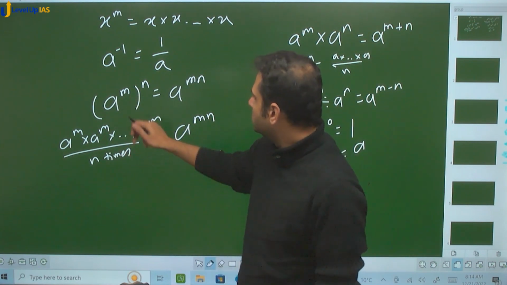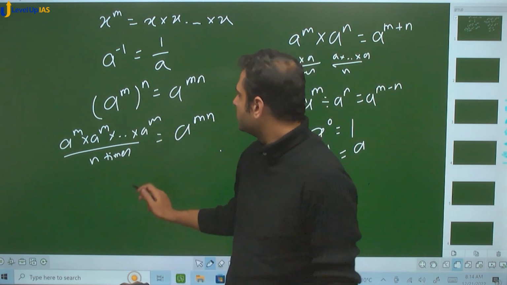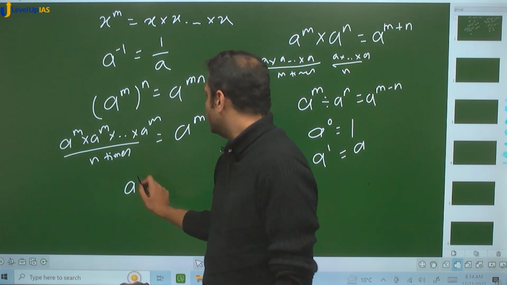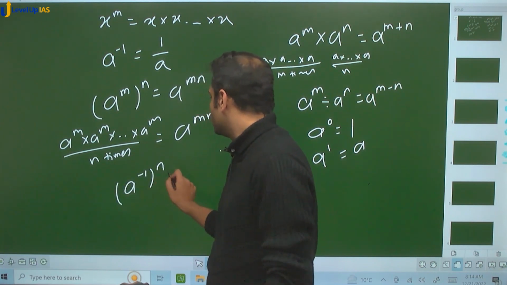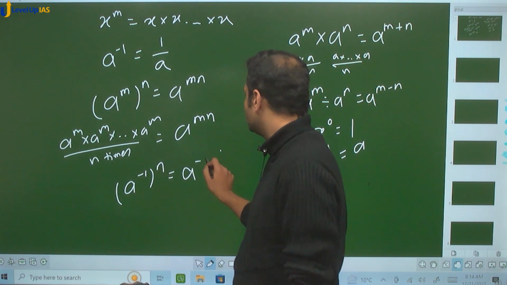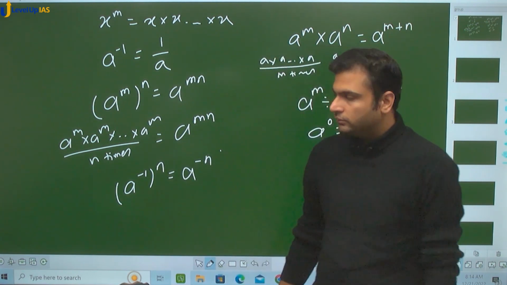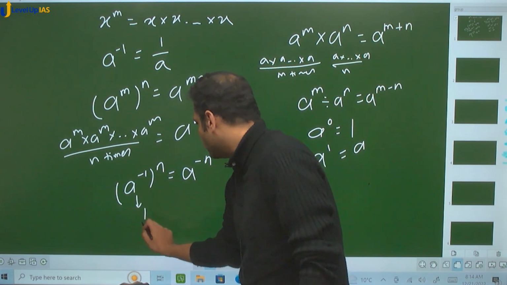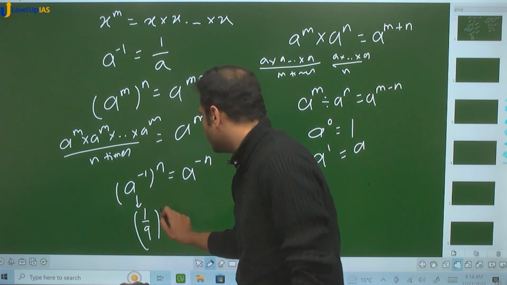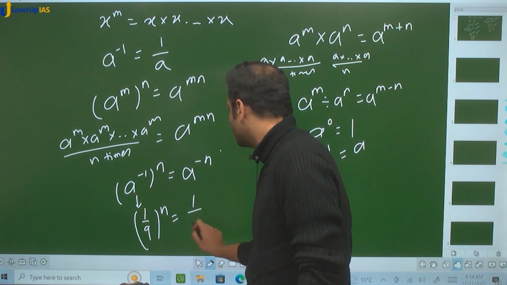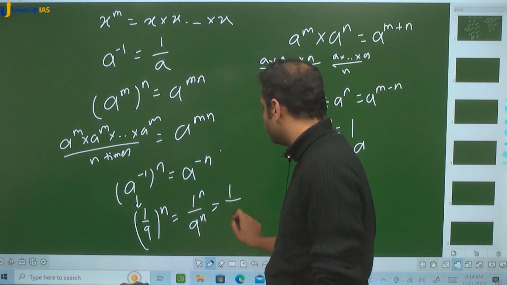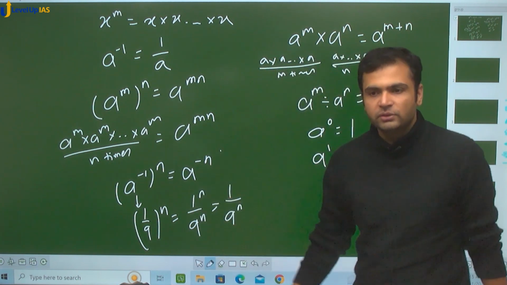So if I put m is equal to minus 1, then I get a raised to minus 1 raised to n is equal to a raised to minus n. So what is this? This is 1 by a raised to n. 1 raised to n is just 1. 1 raised to anything is 1.